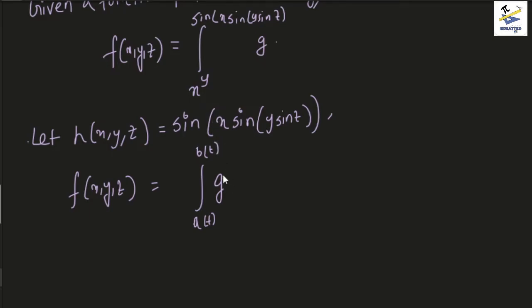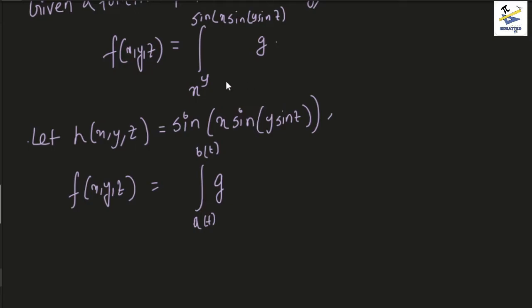Well, one way to do it is, as you can see, the function goes from R cubed to R, so you would have three different kinds of derivatives. So the derivative matrix would be of the form 1 cross 3, because it goes from 3 to 1.